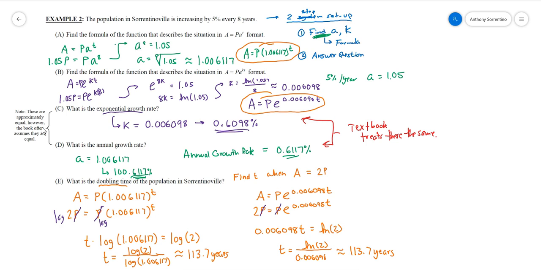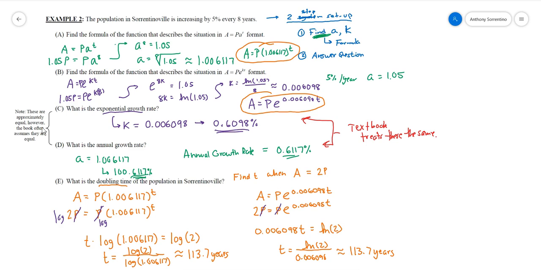Again, be aware, the textbook treats the exponential growth rate K and the annual growth rate as being the same thing. Sometimes they're very close, but they're not exactly the same thing.